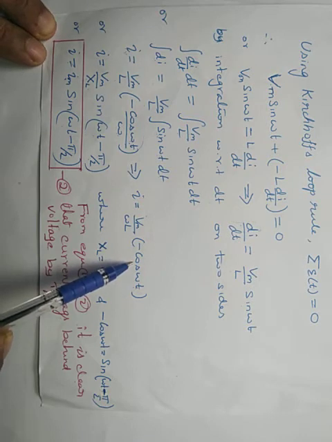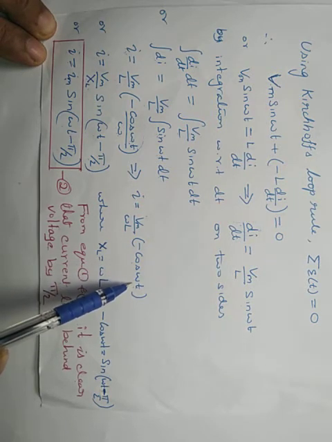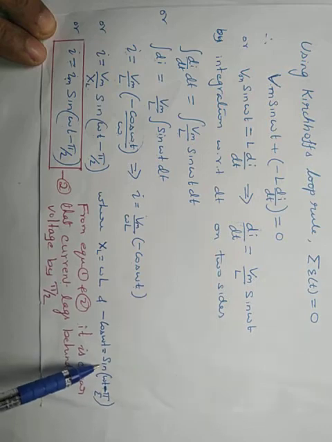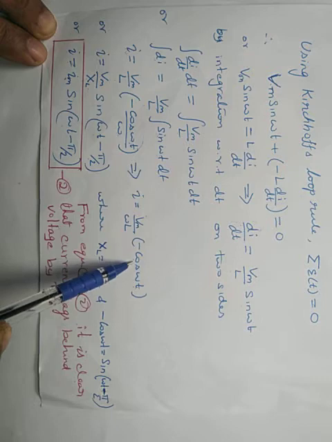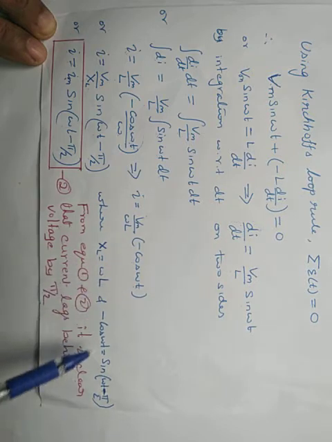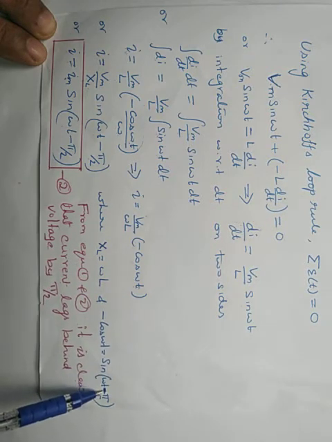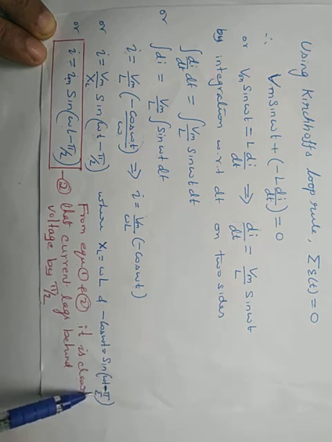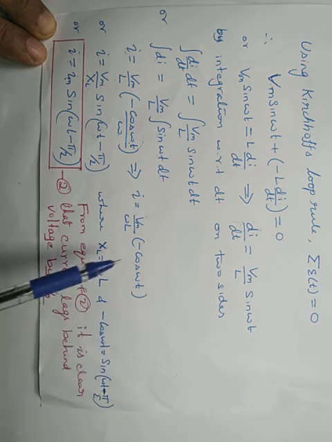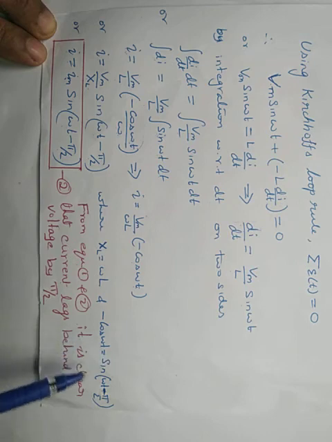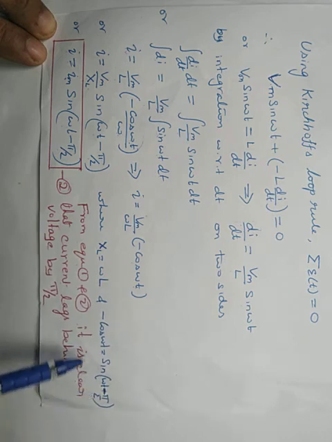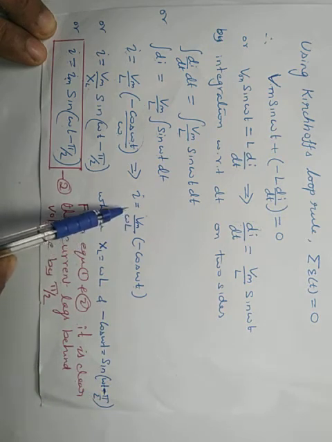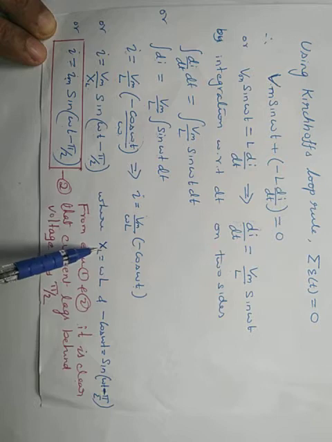Using a trigonometric identity, you can write minus cos omega t as sin omega t minus pi by 2, and just write omega L as XL.